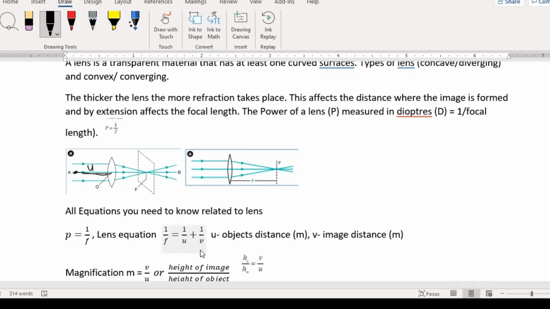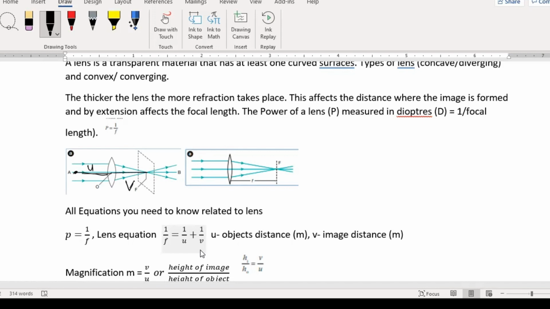Once that image is formed, it is some distance away from, or behind, the lens. You can measure that distance, and that would be your image distance. That symbol is V.